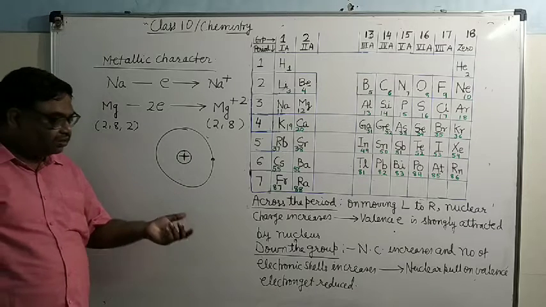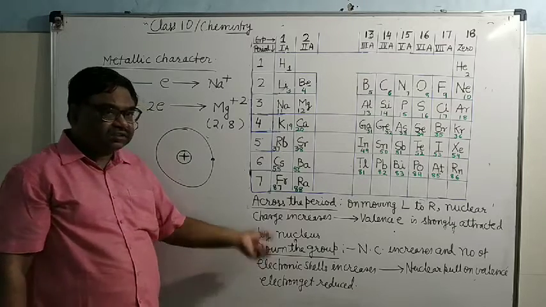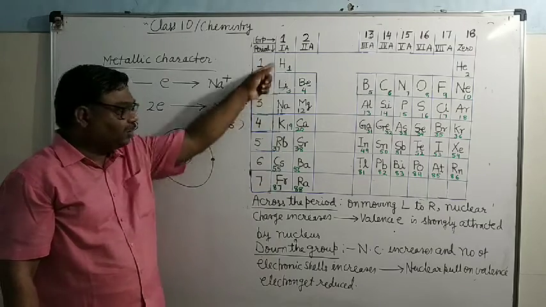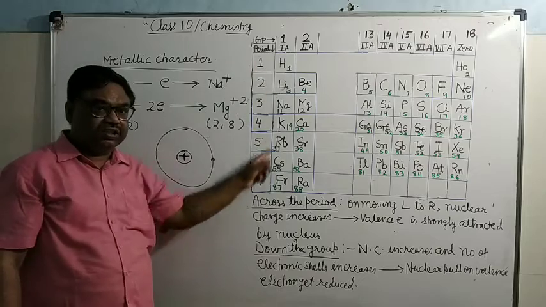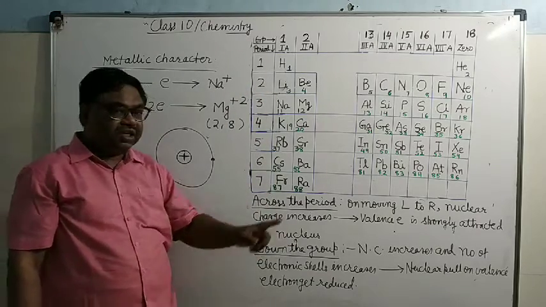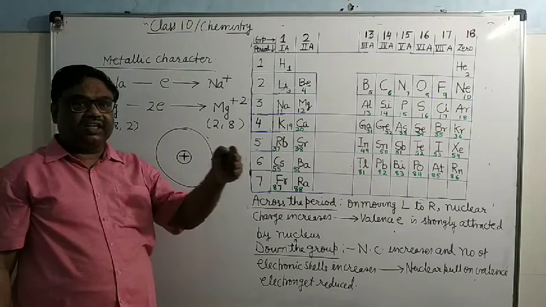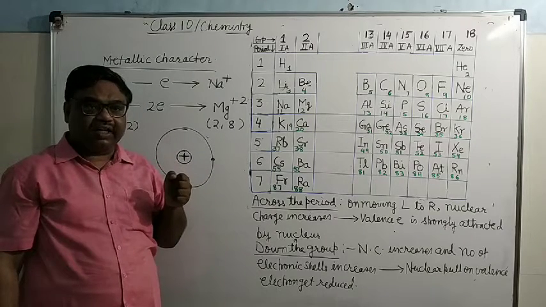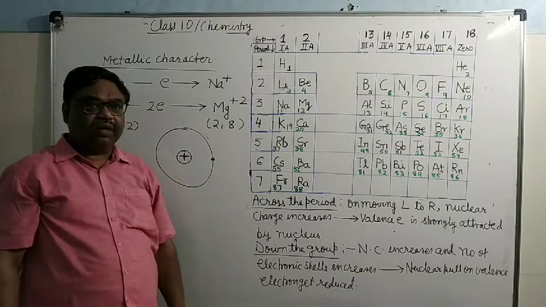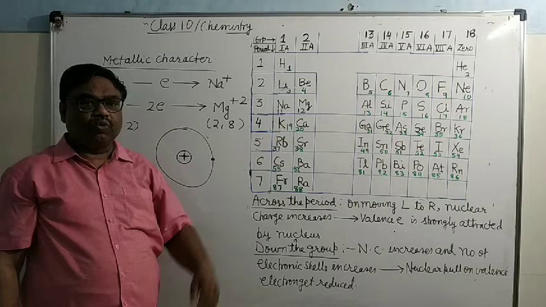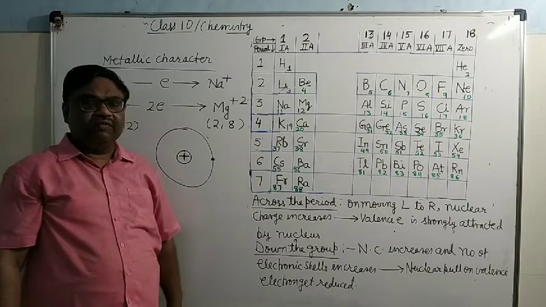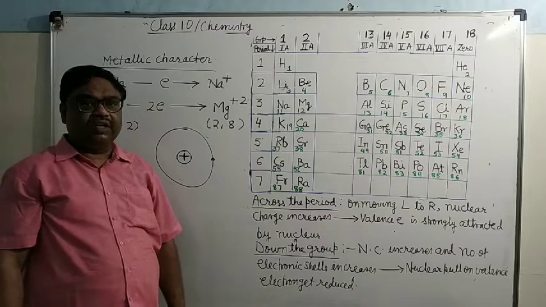It's clear. So see here, two opposing factors are operating. Due to the increase in nuclear charge, since the atomic number and proton number are increasing, valence electrons experience a greater pull. But because of the addition of a new shell, the valence electron goes far from the nucleus, experiencing a smaller force from the nucleus.